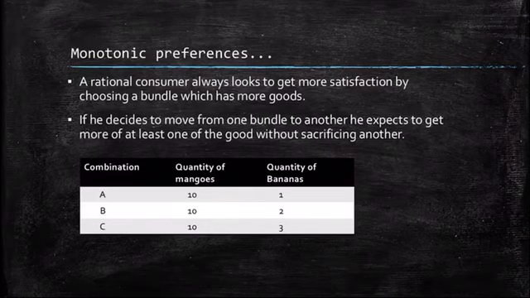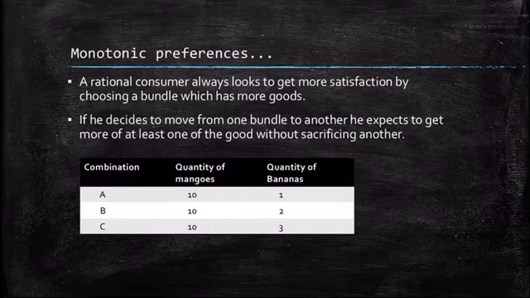To understand this clearly, suppose there are two bundles A and B. Bundle A consists of 1 unit of banana and 10 units of mangoes.